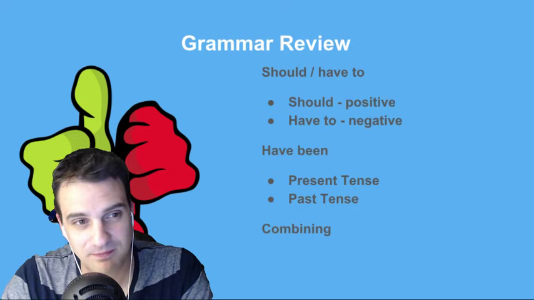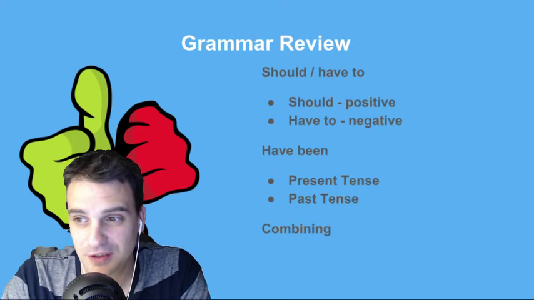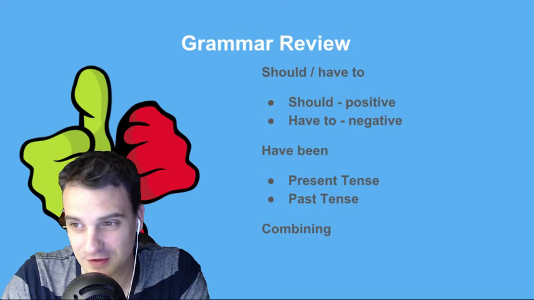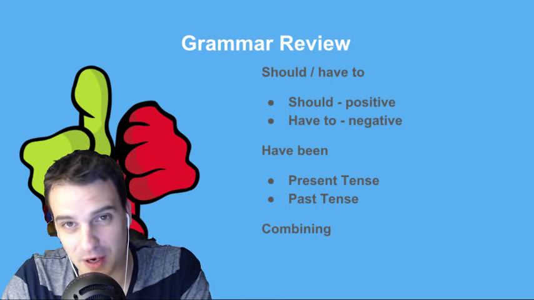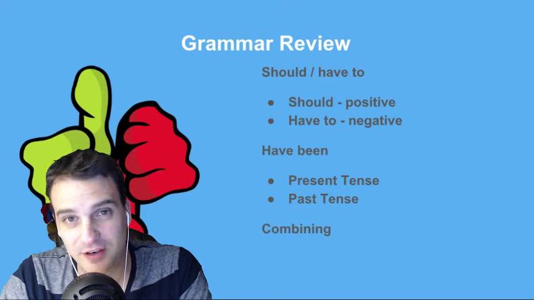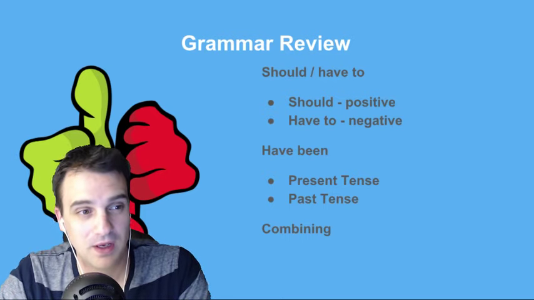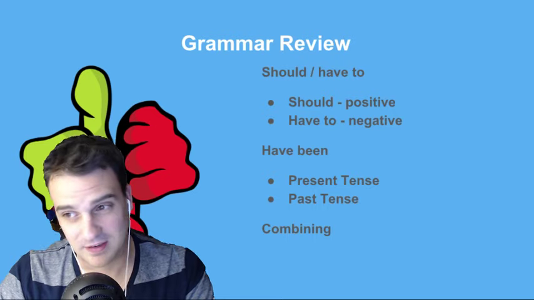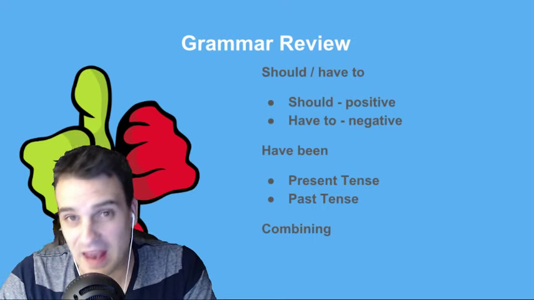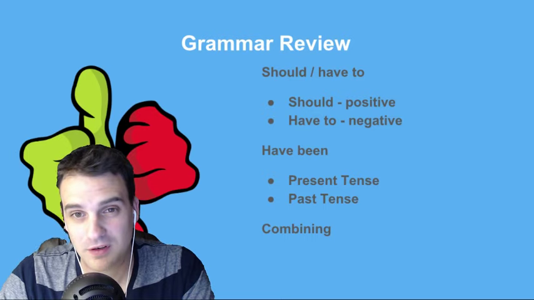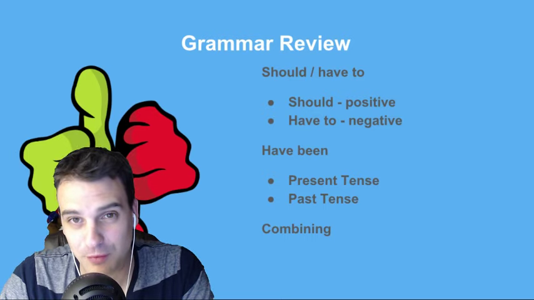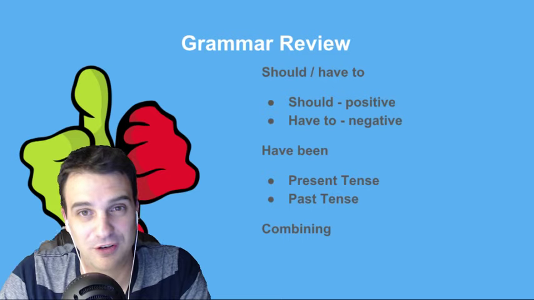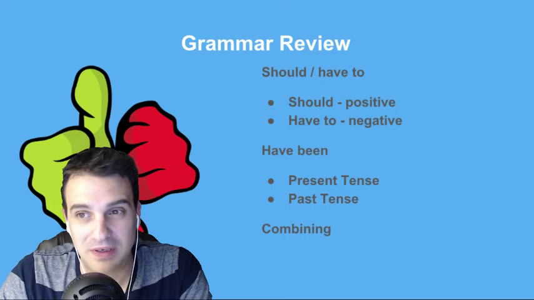Should: I should go home early so I'm not tired tomorrow. Not being tired is a positive example, and the opposite of that would be: I have to go home early, or I will be tired tomorrow.